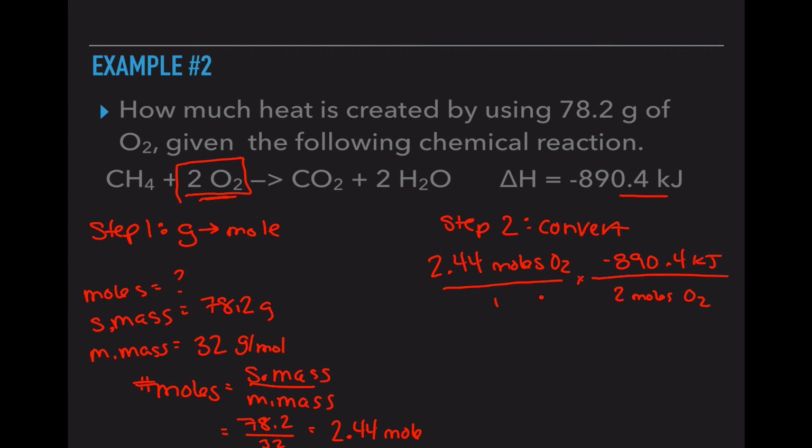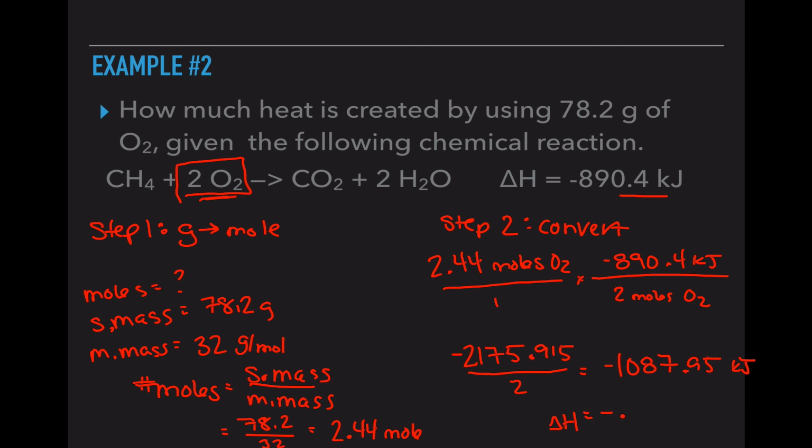Multiply across the top, multiply across the bottom, and I get 2,175.915 over 2, and when I simplify that out, I have 1,087.95 kilojoules.